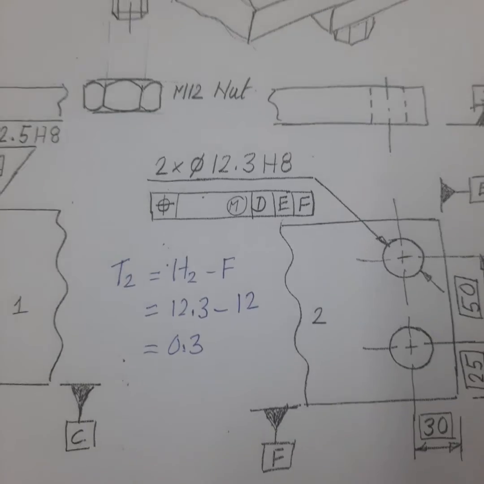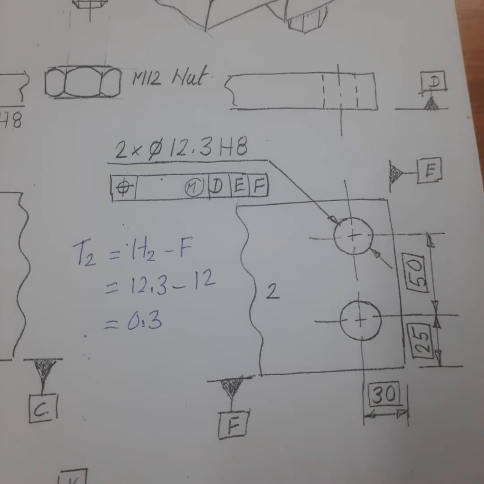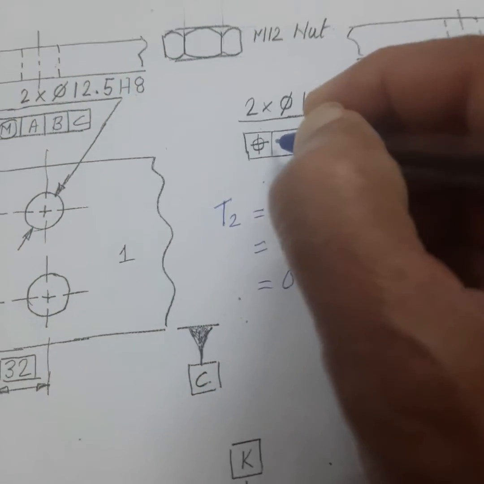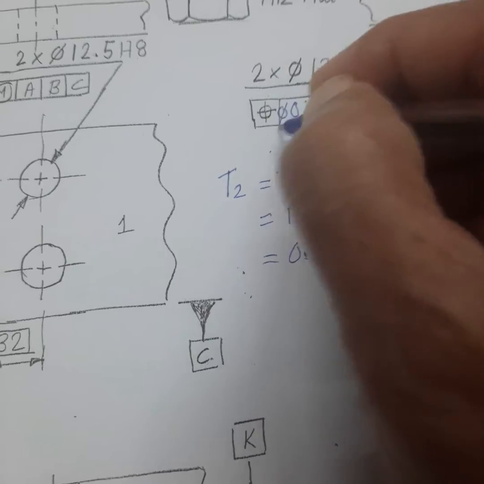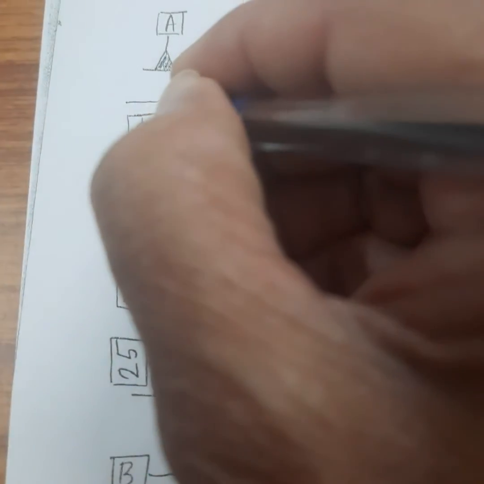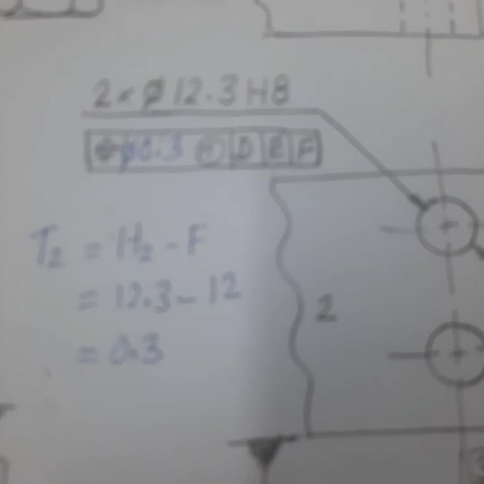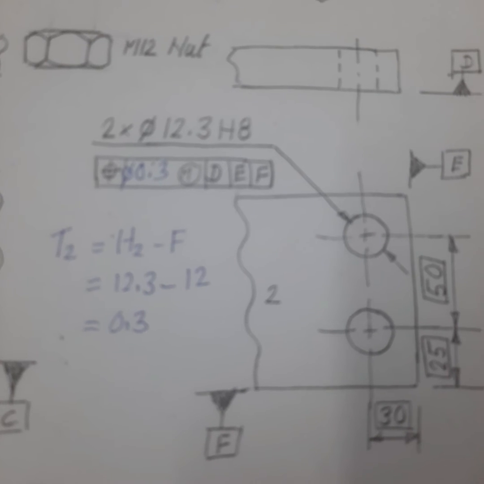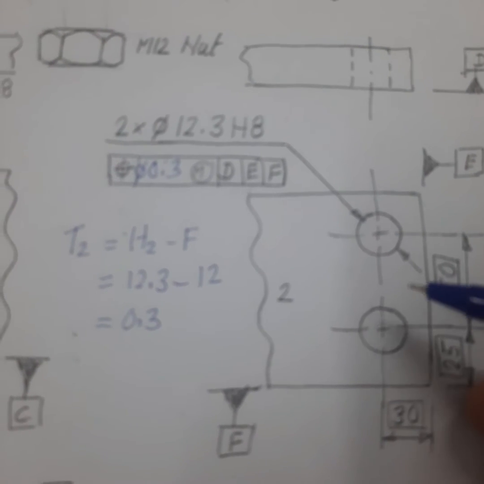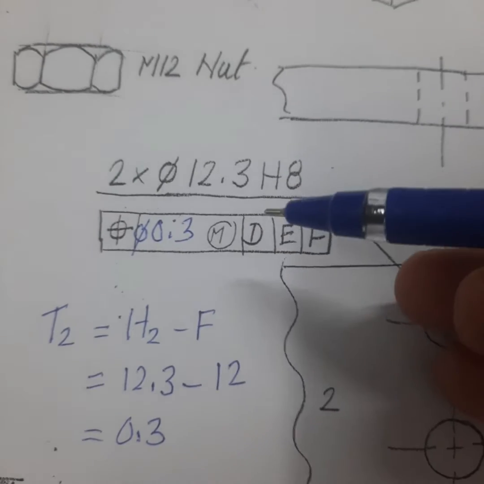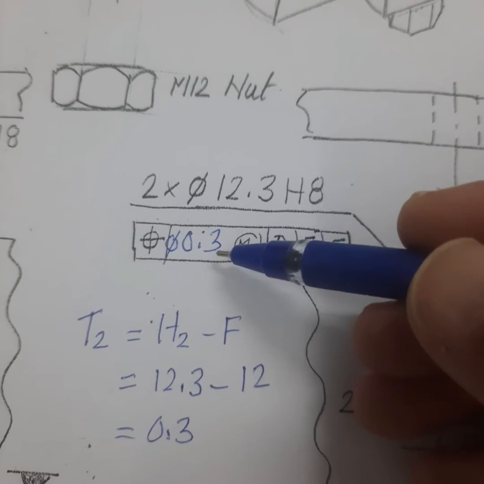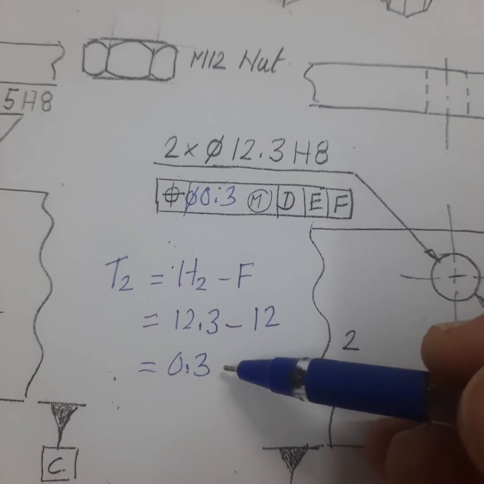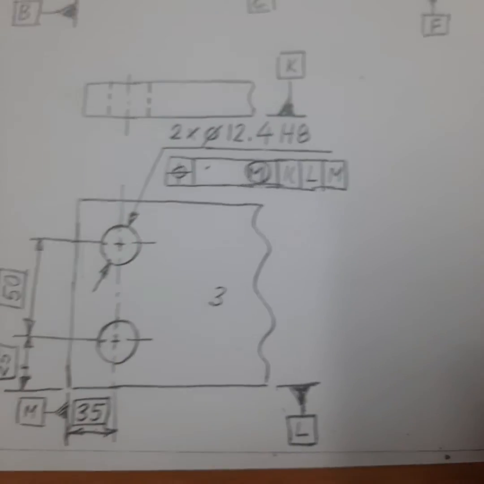So the maximum permissible value of position tolerance for locating the holes on plate 2 is 0.3. We have to use a dia symbol. This is the tolerance on plate 2; 0.3 is the maximum applicable value of position tolerance for the holes on plate 2 as per this equation.